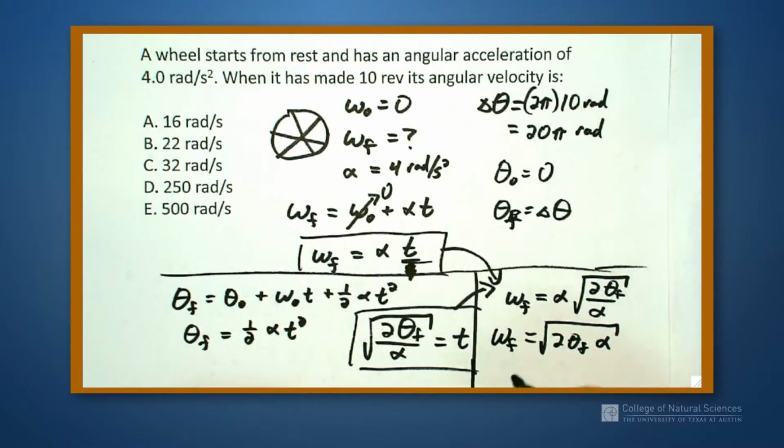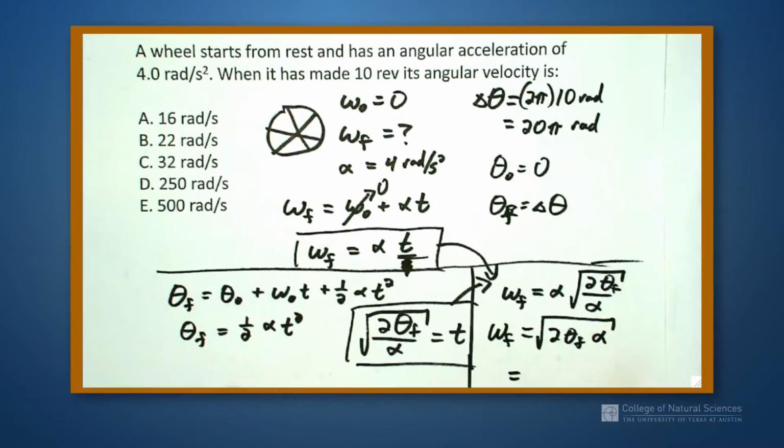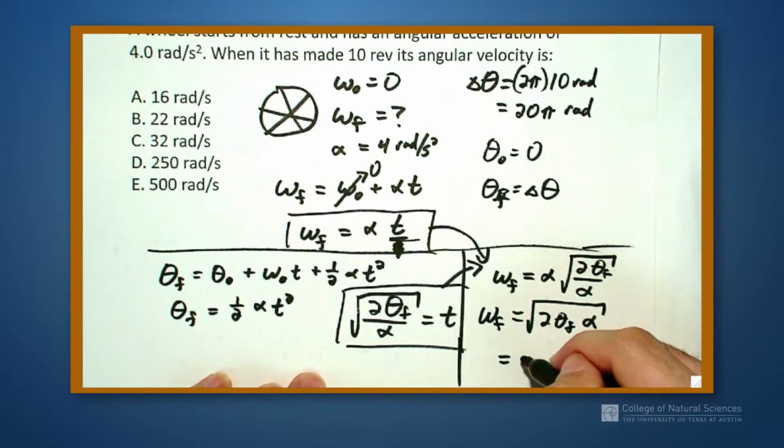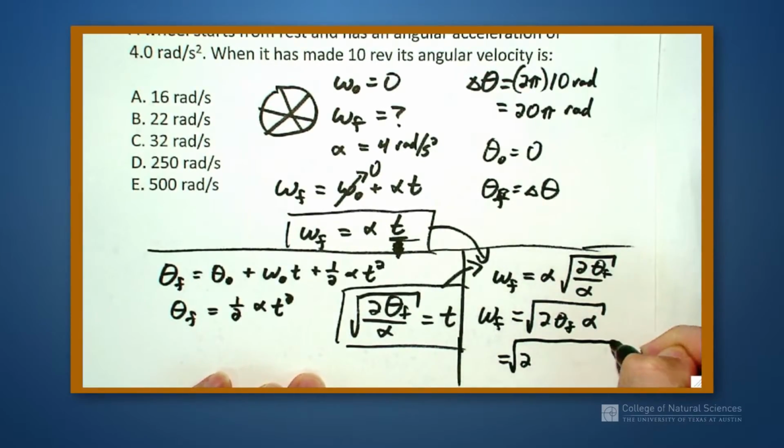And I solve this equation by plugging in my values. I get 2. I go through 20 pi radians, and I go through an alpha of 4 radians per second squared.